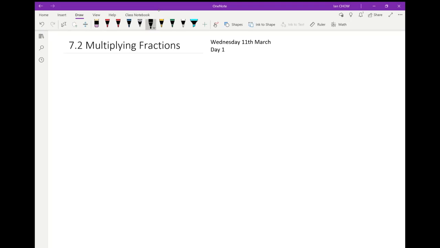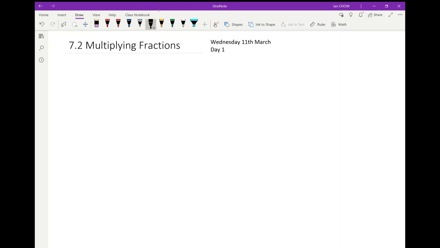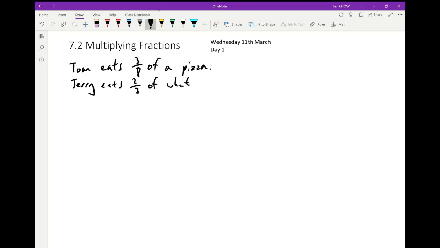Now, yesterday's example, I said that Tom, let me change my pen. Tom eats 3/8 of a pizza, and let's say that Jerry eats 2/3 of what Tom eats.